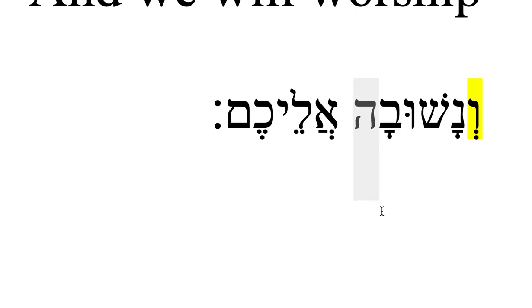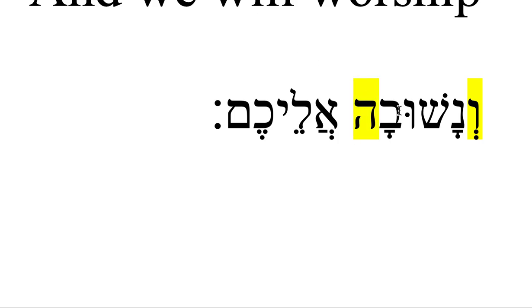Can we take off the final he? Yes, it's an option. We could have a directional he, we could have a suffix, we could have some kind of a 3F as ending, feminine singular. Remember, a is a feminine sound. We could have a cohortative or something like that. So that's definitely an option.